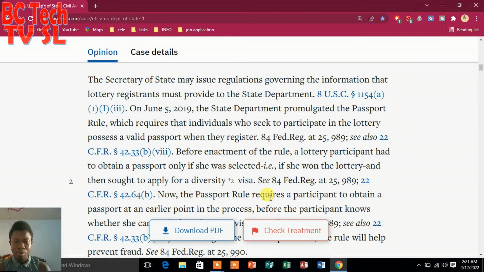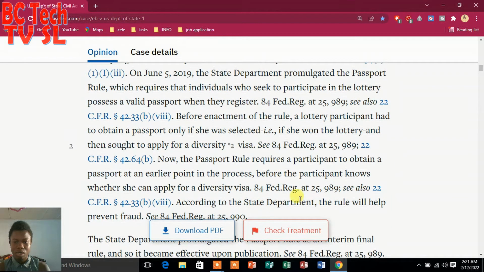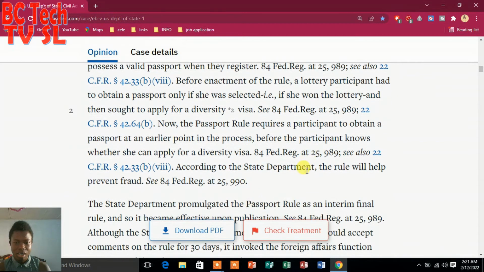Now the passport rules required a participant to obtain a passport at an earlier point in the process, before the participant knows whether she can apply for a diversity visa. According to the State Department, the rules will help prevent fraud.